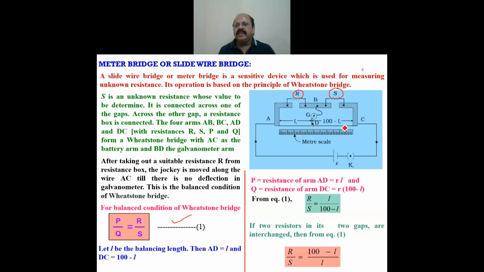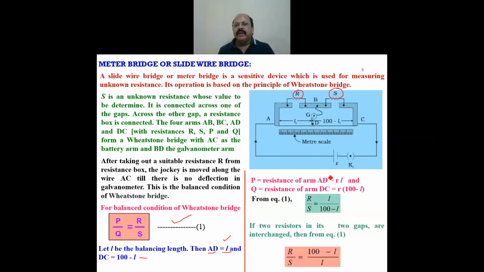So AD equal to L and DC equal to 100 minus L. In the diagram we have written L1 and 100 minus L1, but here we have written L because there is no other length, so no problem whether we write L1 or L.